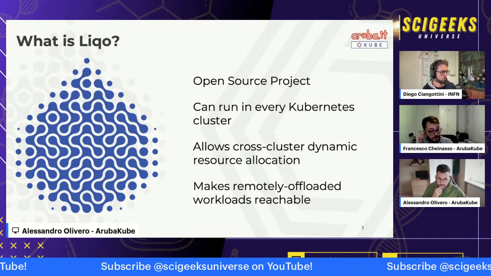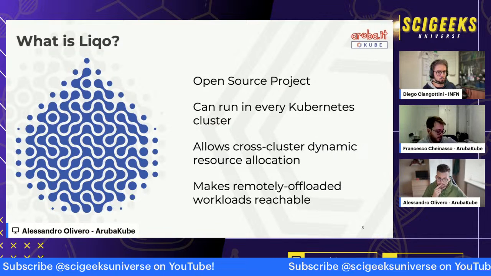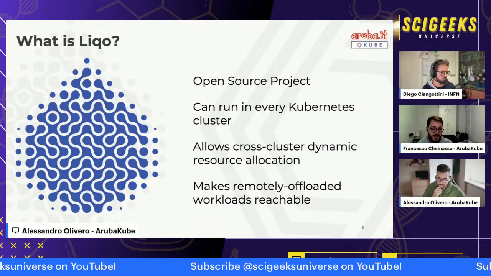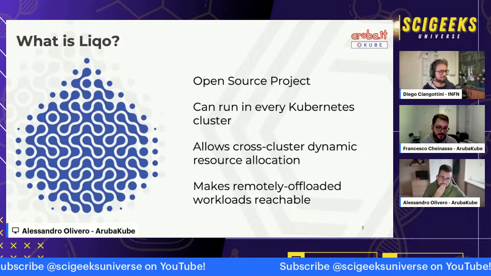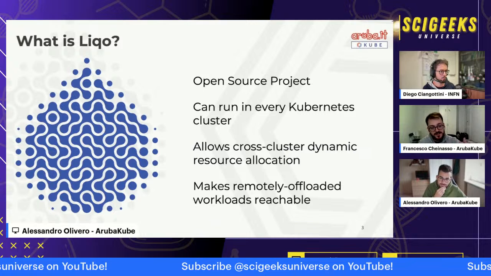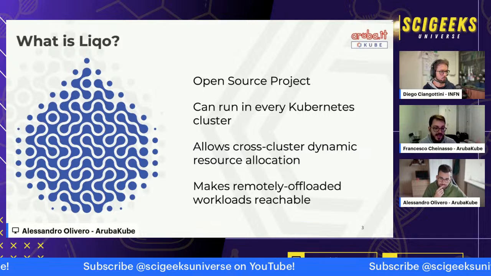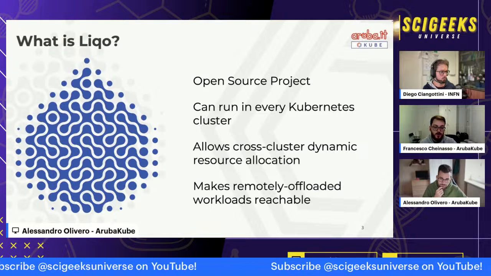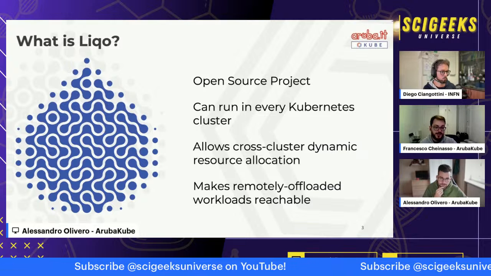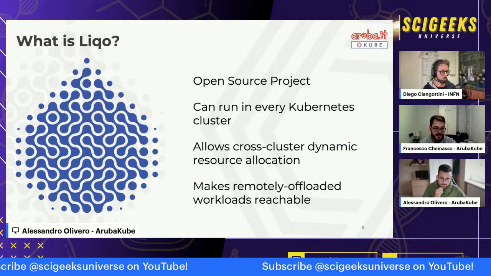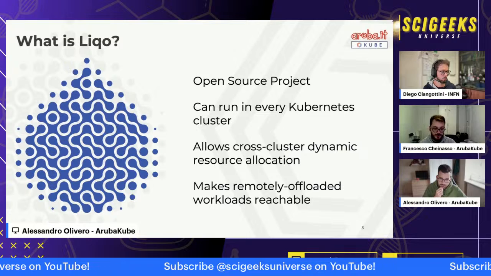So what we are trying to do with Liqo is something similar, creating what we call a cloud continuum. In practice, the idea is to have a central cluster and connect this cluster with other remote clusters, and then you can deploy your application on the central cluster, and the pods and the workloads will be free to spread on every cluster and communicate with each other.